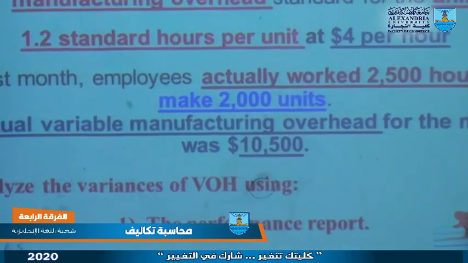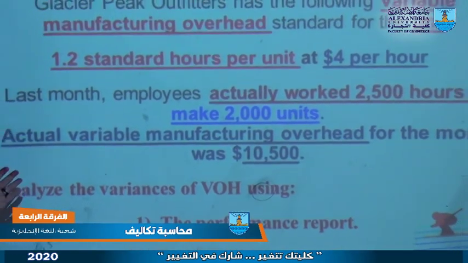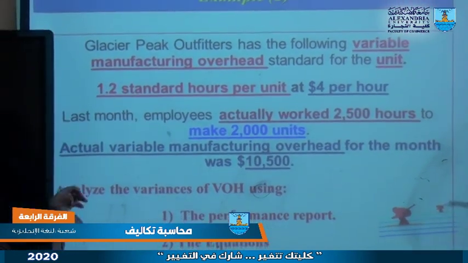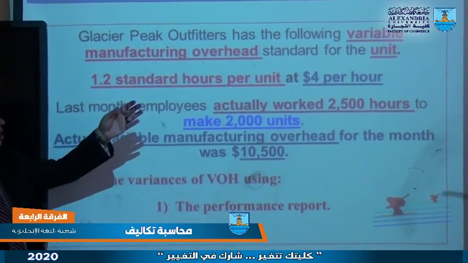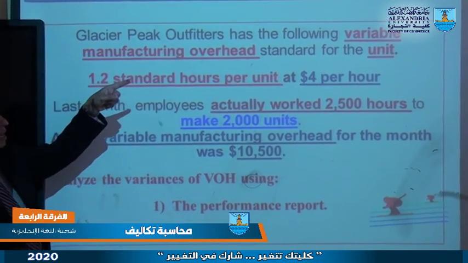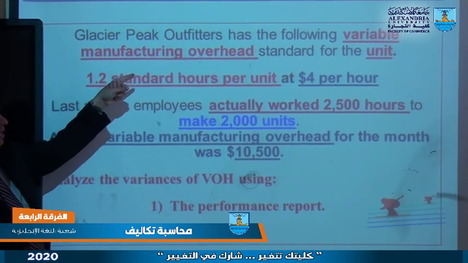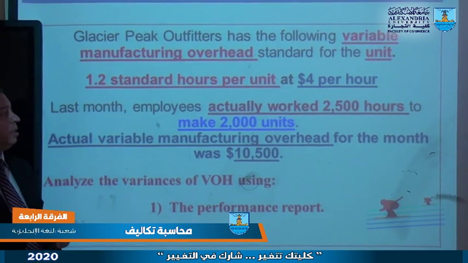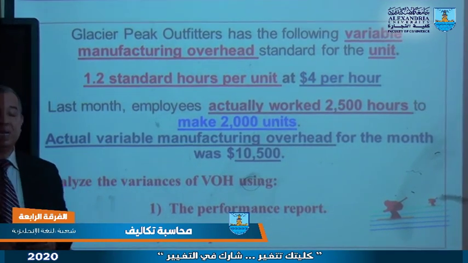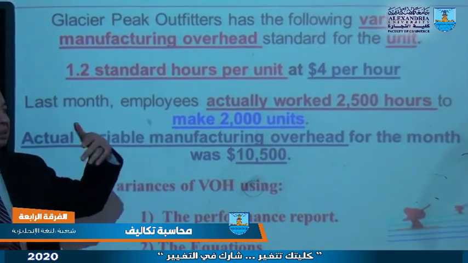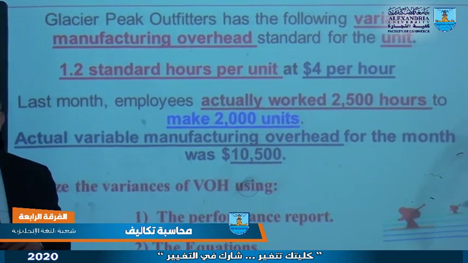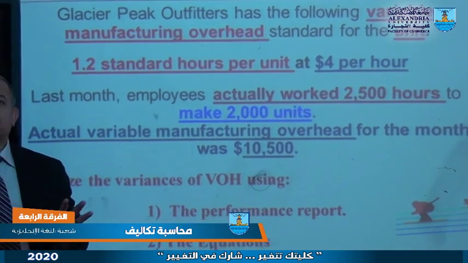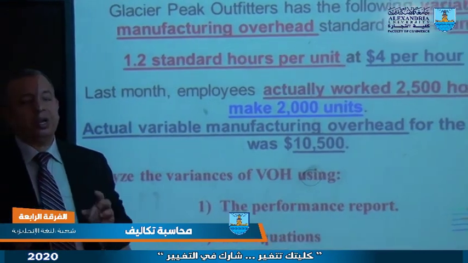Here I have a very simple example again, in a company, showing variable manufacturing overhead standard per unit. Here everything is very easy. Why? Because I have the rates and the standards per unit.